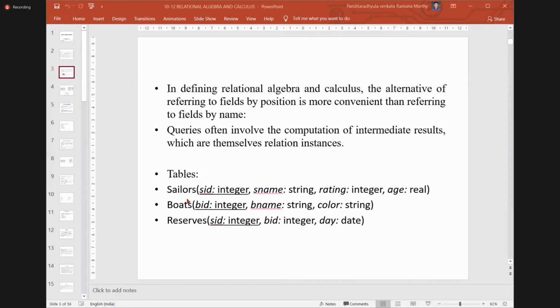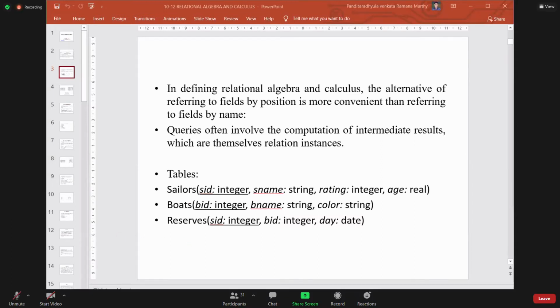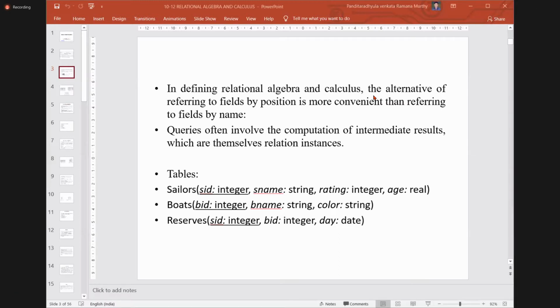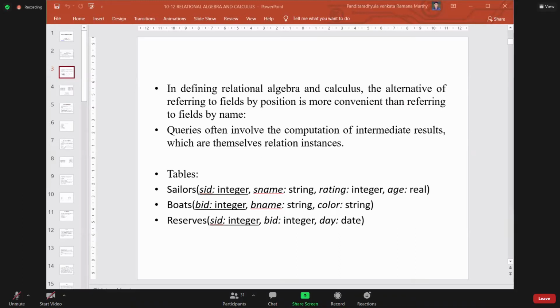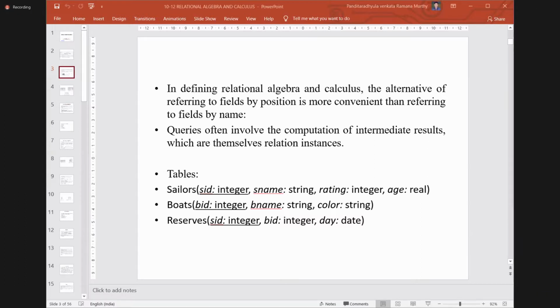Okay. So it is an alternative way of referencing the fields by positions, or sometimes we can refer directly by names using these languages. Basically, relational algebra and relational calculus are used in the computation of intermediate results, or in the processing of intermediate operations.